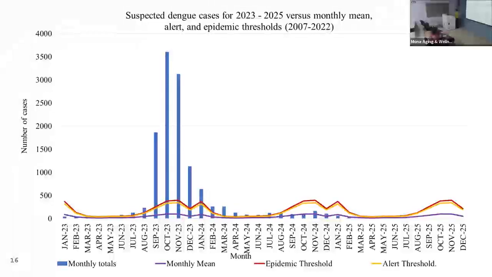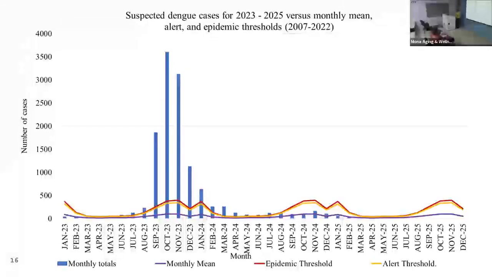And then when we go to 2026, we're going to throw 2025 data into the mix. And so the mean, the alert and epidemic threshold will change a bit, but because it's seasonal, we would still probably expect it to be higher around October, November.